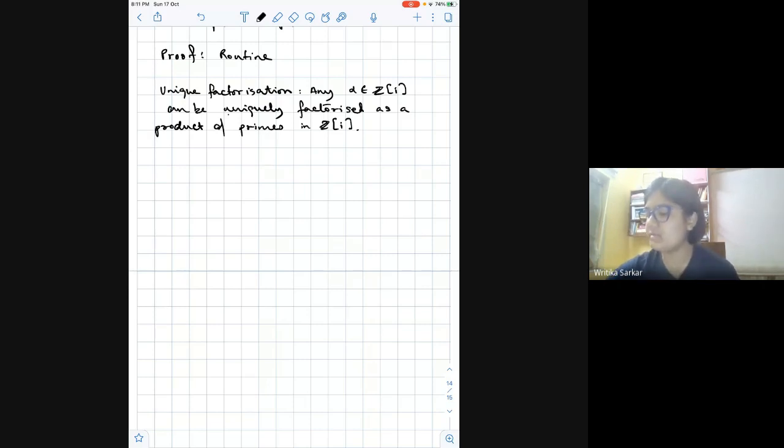And what we mean by uniquely here is not that the factors are unique, because you can write 5 equal to 2 plus i times 2 minus i, and at the same time you can write it as 1 minus 2i times 1 plus 2i.